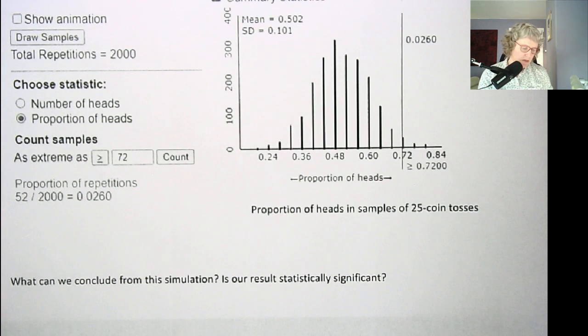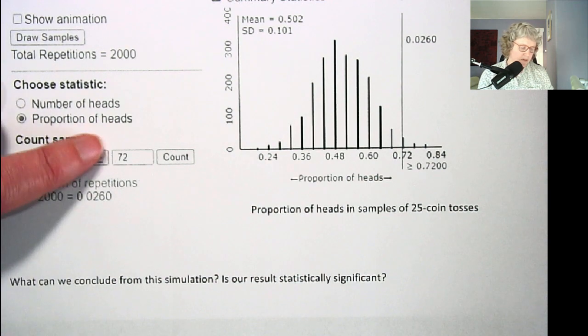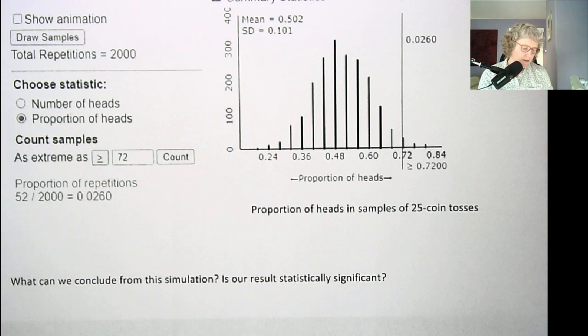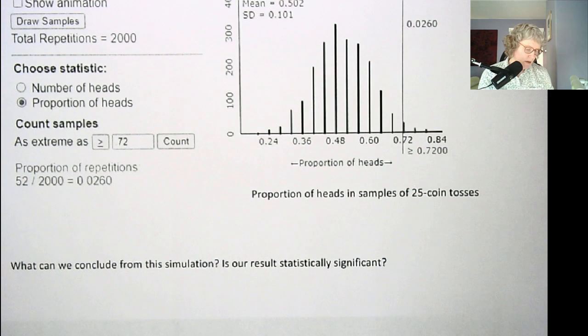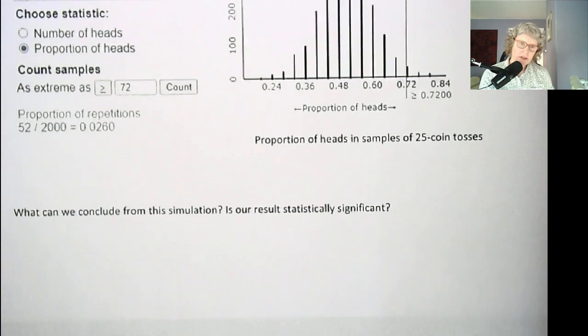Okay, so what can we conclude from this simulation? Is our result of the 18 out of 25 or 0.72, is that statistically significant? And so first let's talk in general.